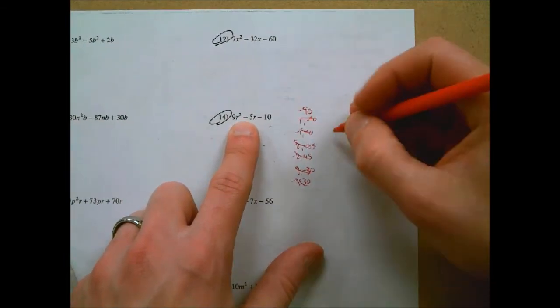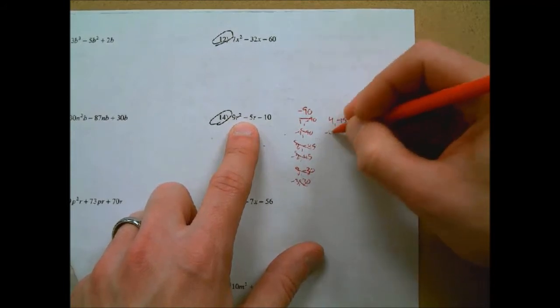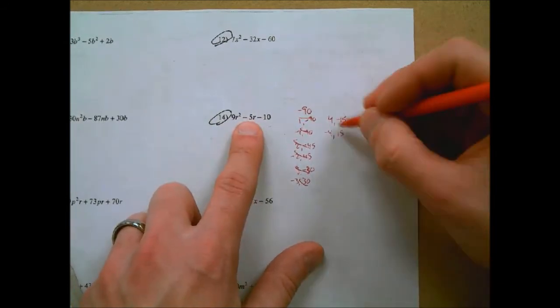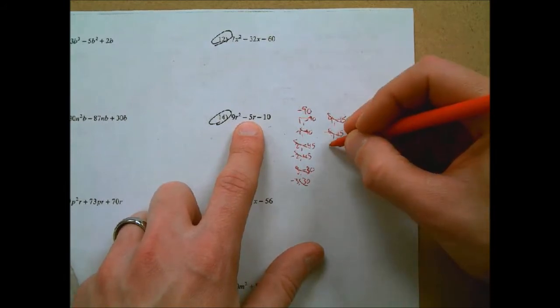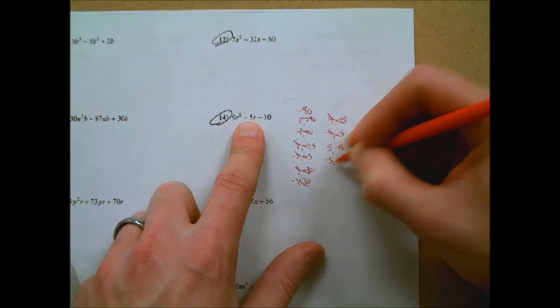Let's try 4 and negative 15 or negative 4 and positive 15. Do either of those add to negative 5? No. Let's try 5. 5 and negative 18 or negative 5 and positive 18. Do either of those add to negative 5?